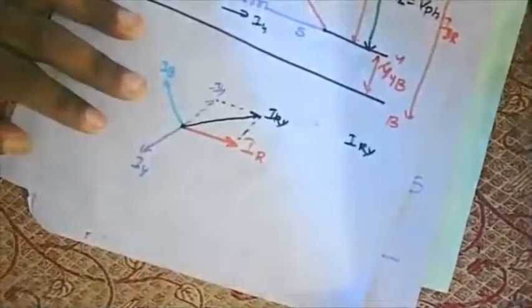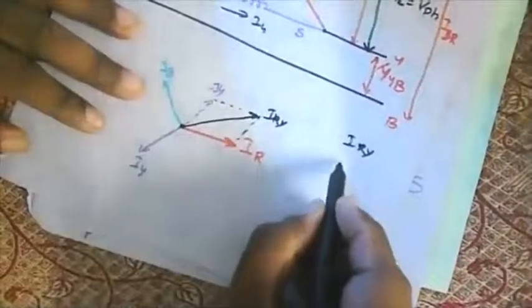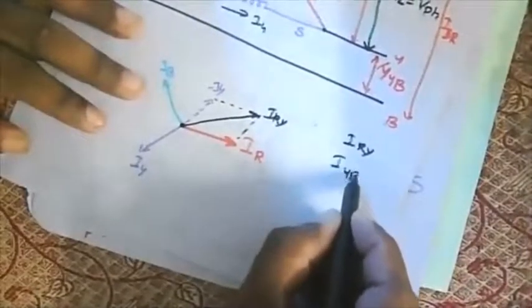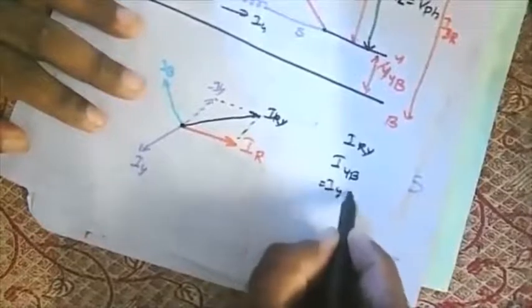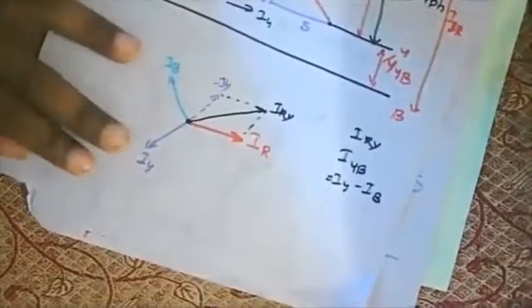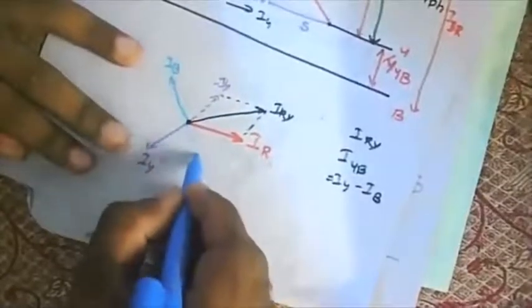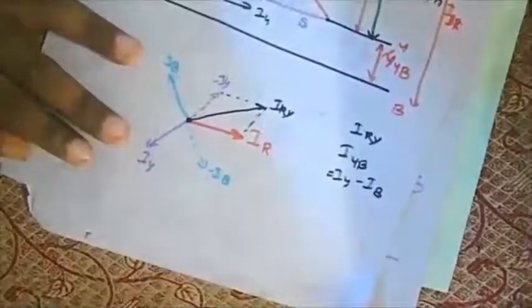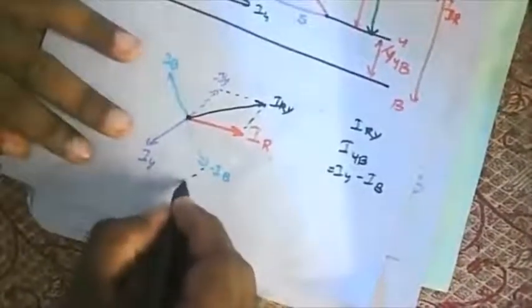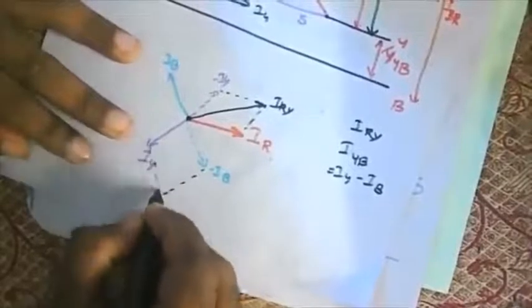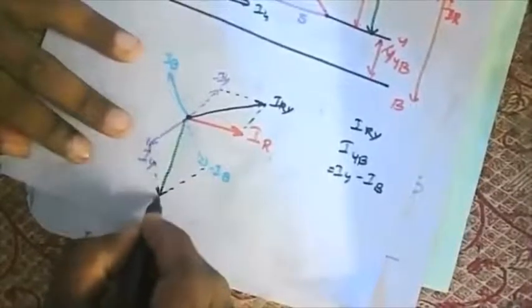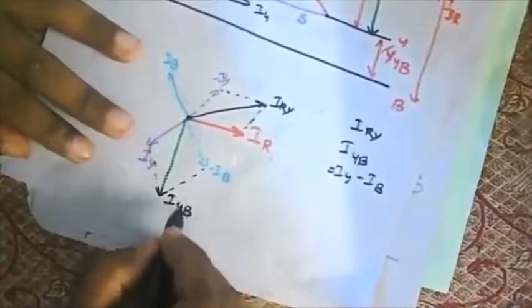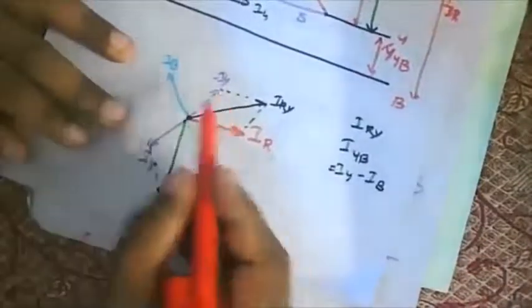Second one is IYB. IYB is IY minus IB. So IY is here, IB is here. So I can represent minus IB. If I complete the parallelogram, I will get IYB, and the last one is IBR.